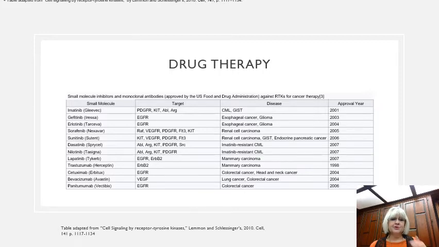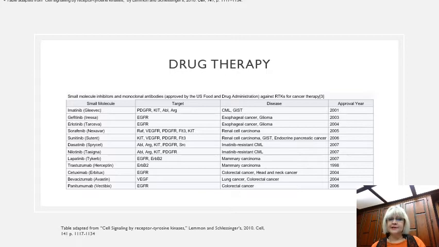So if you look at the drug therapy on this chart, some small molecule inhibitors and monoclonal antibodies, these are the ones that are approved by the U.S. Food and Drug Administration against RTKs for cancer therapy. You can go down through here and you can see the small molecules. You can see the targets. You can see which disease.